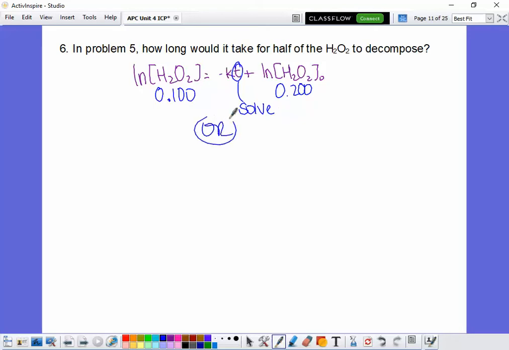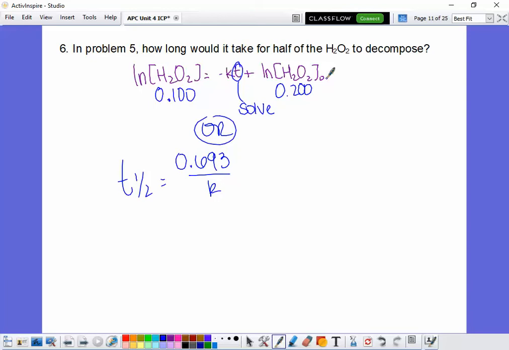Or you can use the t1/2 equals 0.693 over k. Either way would work. So in the heat of the moment, in the middle of the test, if you forget that this formula right here, this half-life formula, will tell you that, you can plug it into the integrated rate law. Provided you're doing everything the right way, you should get the same answer. Okay?